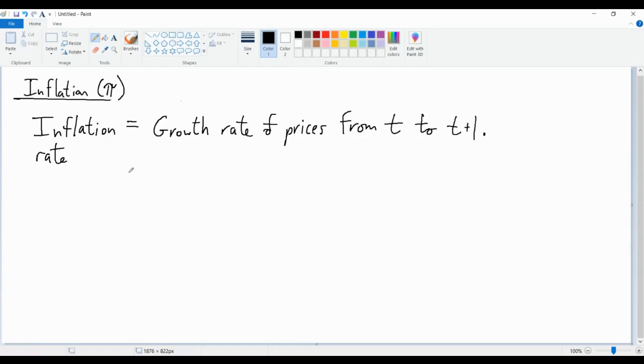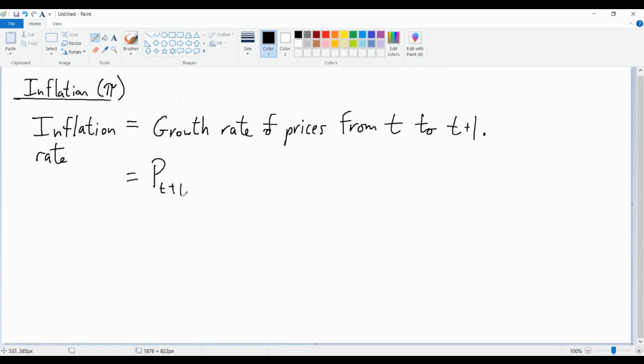How do we do that? Well, first of all, we would need some indicator of prices. Let's call it P. So P_t is price in year t, so P_2020 is prices in 2020, and so on. So first, what's the change in prices from t to t plus 1?